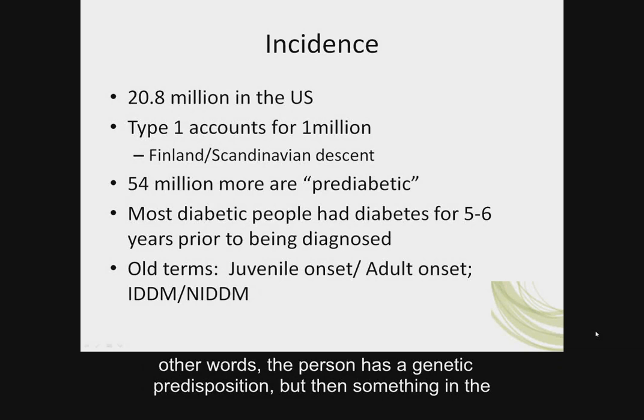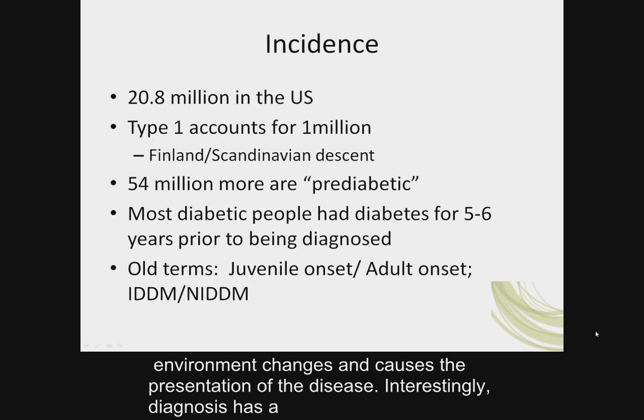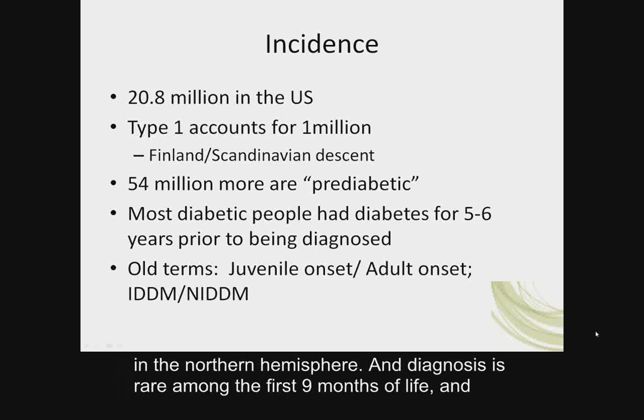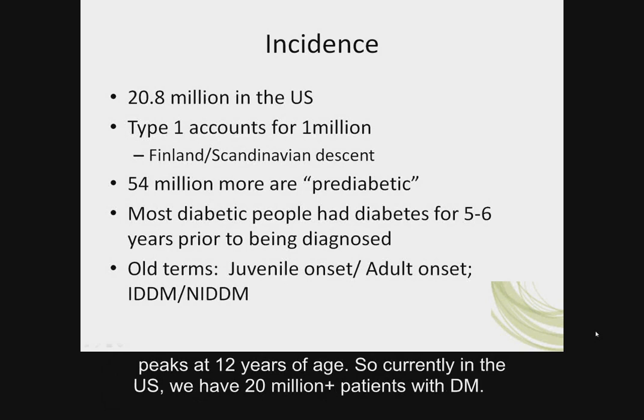In other words, the person has a genetic predisposition, but then something in the environment changes and causes the presentation of the disease. Interestingly, diagnosis has a seasonal distribution for type 1. More cases are reported during fall and winter seasons in the northern hemisphere. And diagnosis is rare among the first 9 months of life and peaks at 12 years of age.